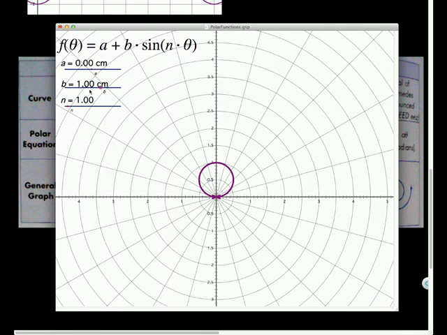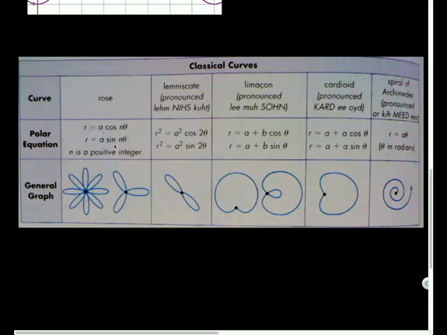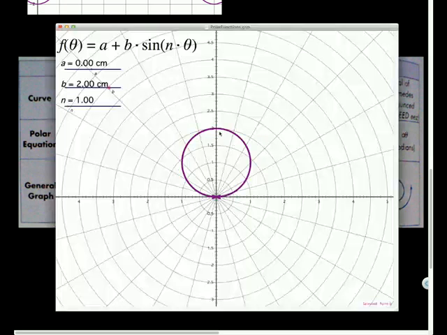Now, in terms of the rose function, it was of the form a times sine of n theta, where n is a positive integer. So if I have 2 times sine of 1 theta, I have this 1-petaled rose.